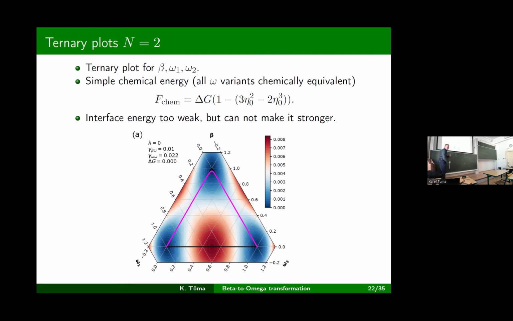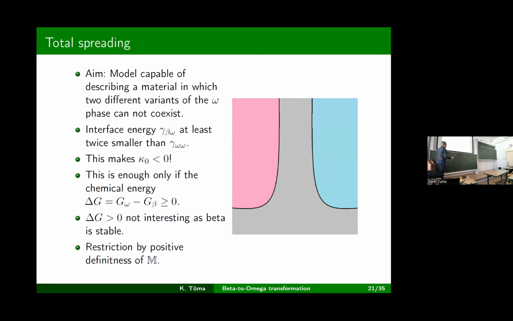Here it is not exactly 8/3, we have just prepared it, so it is even less, but even that is satisfied. And we have no chemical energy, and as I said, then it works. This violet line is the line connecting the pure omega 1 variant and the pure omega 2 variant. And we are going in the valley of this energy landscape. So if you go in the valley, you are going almost to beta, and then from beta you are going to omega 2, which is exactly what is shown here. The total spreading case says that if you want to go from omega 1 to omega 2, you need to go through beta.